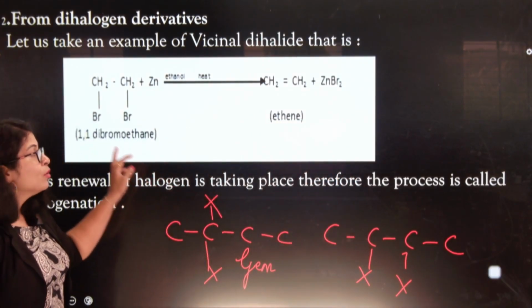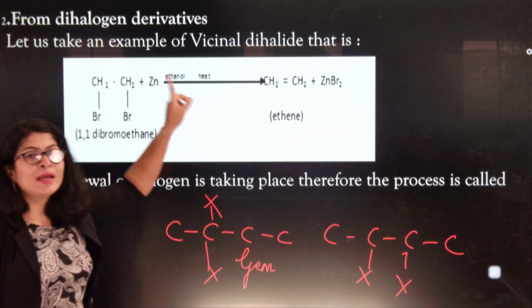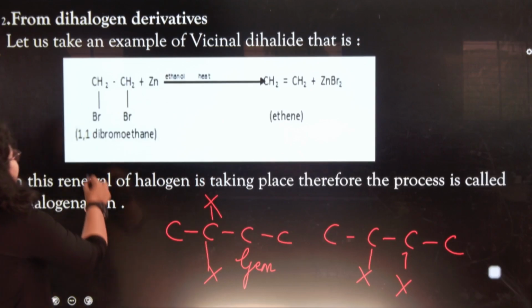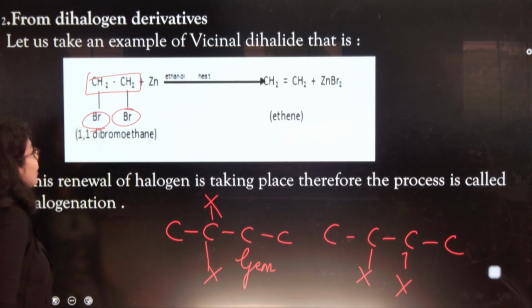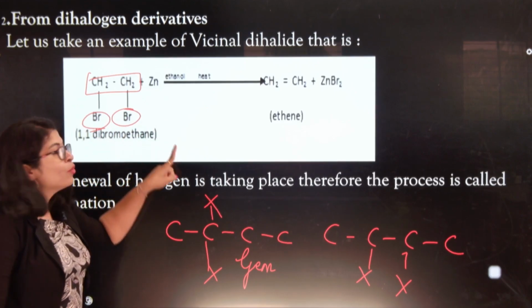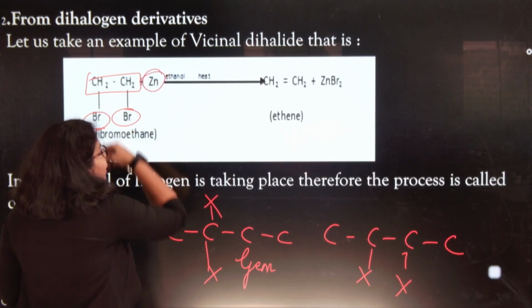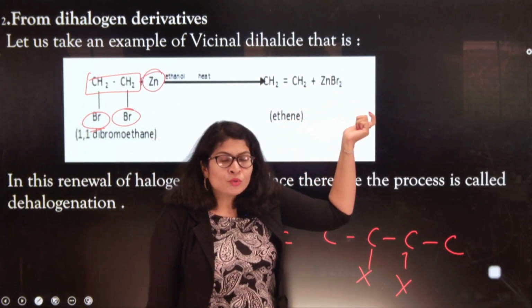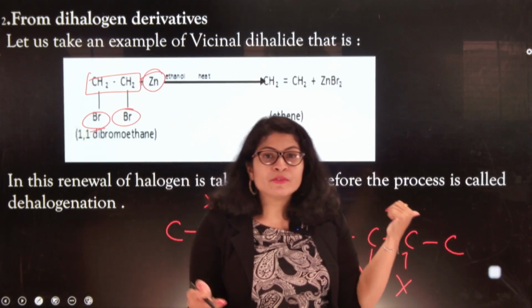Now, removal of halogens from a vicinal dihalide results in the formation of an alkene. For example, CH2 with two bromines attached, that means 1,2-dibromoethane, when it reacts with zinc, forms ZnBr2 followed by the generation of an alkene, which is ethene.